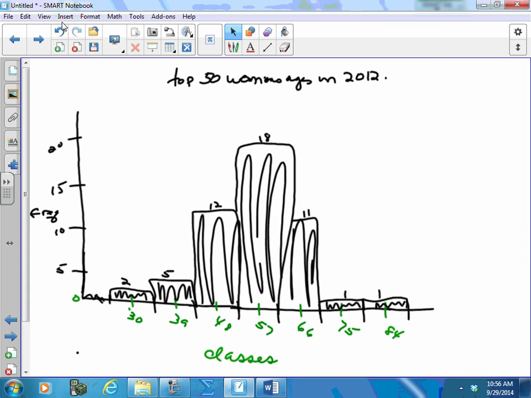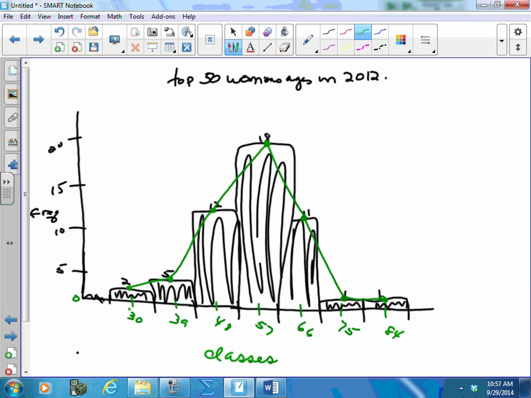Now, look up here one second. This is where their midpoints came from. Don't do it on yours, but watch on mine. Every midpoint, they put a dot. And their frequency polygon came from here. They connected all their midpoints in line segments.